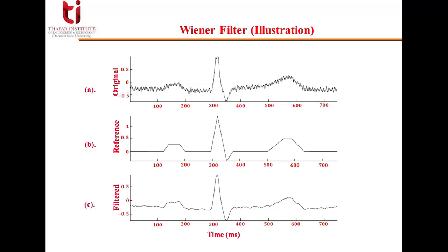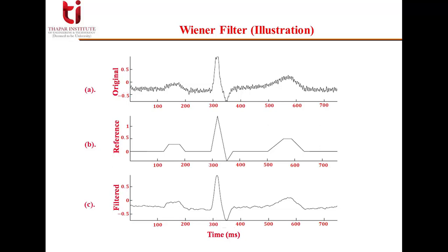It is obtained as a piecewise linear model of the desired version of the signal, obtained by concatenating linear segments similar to the P, Q, R, S and T waves in amplitude, duration and interval in the given noisy signal. So we are taking a piecewise model of that from the original signal. We are obtaining that reference and the baseline of the model is set to 0.